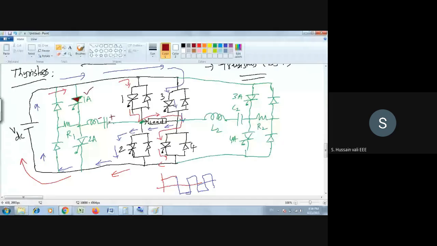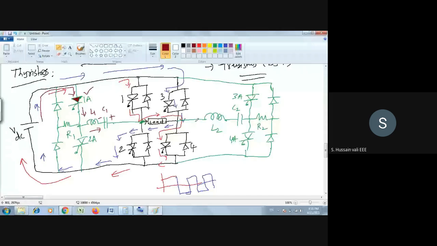When I turn on 1A, what do you expect? This DC voltage which is there here will flow through 1A. Then after that it comes here, and travels through this inductor L1, C1.